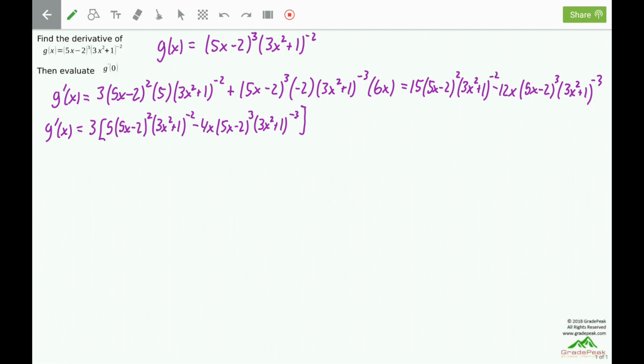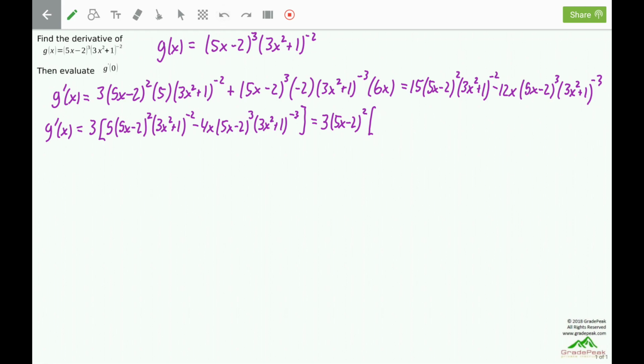Now we can factor out entire expressions because we have a (5x minus 2) squared here, cubed here. We can factor out the lower of the two powers, that's the 2. It factors out with the 3 that we just factored out. So we will have a (5x minus 2), lower power 2. Now if we factor out 2 of those, that's going to take away all of them here, and 2 of the 3 there, and there's what the leftover result should be.